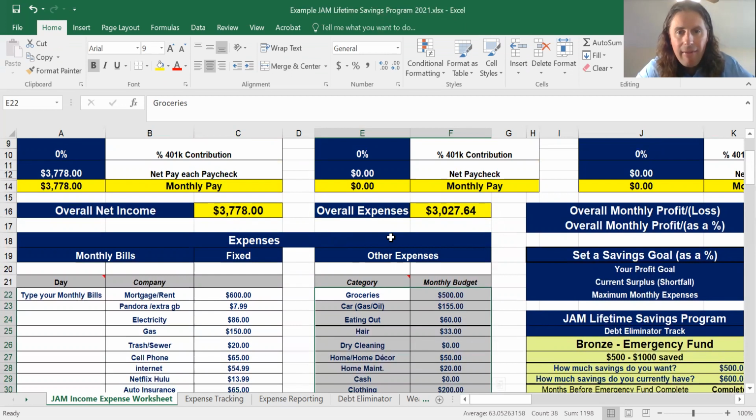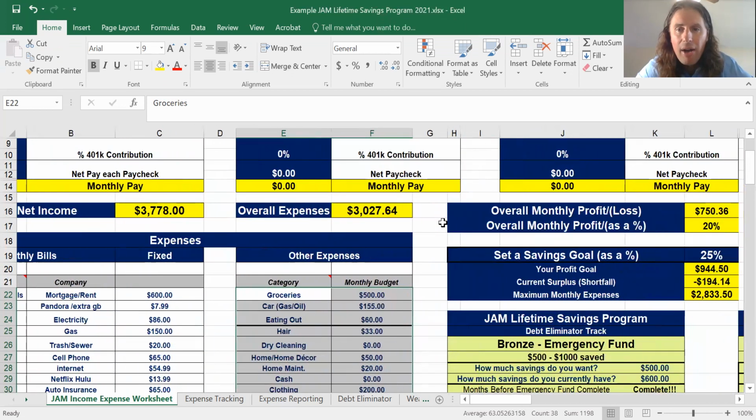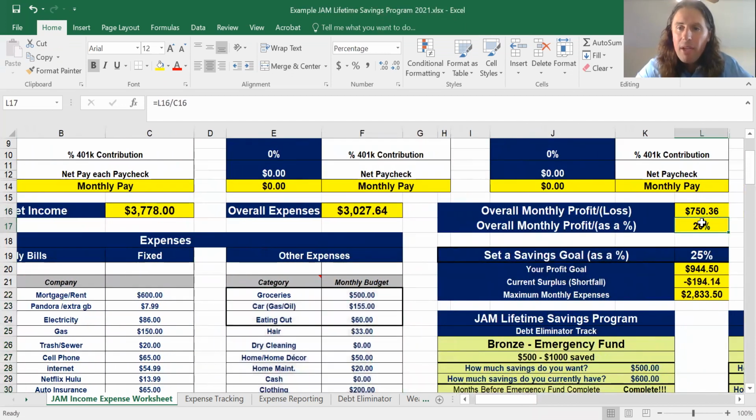We've got income of $3,700, expenses of $3,000, running a nice profit of 20%, or $750.36. If we're in debt, that's the money we're going to use to eliminate the debt. But because there's no debt except for a small mortgage that's paid to the parents, we're going to keep that separated and not put it in the debt eliminator track.